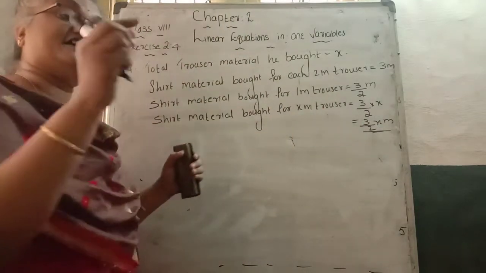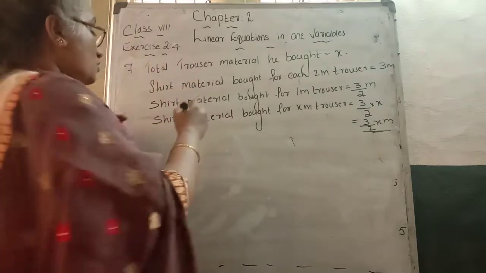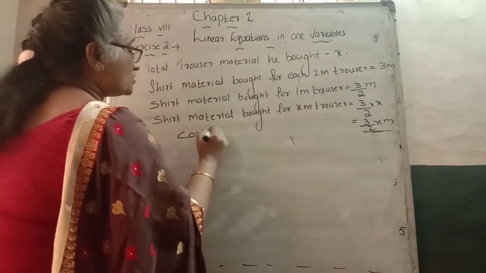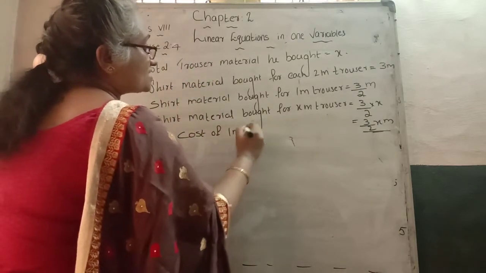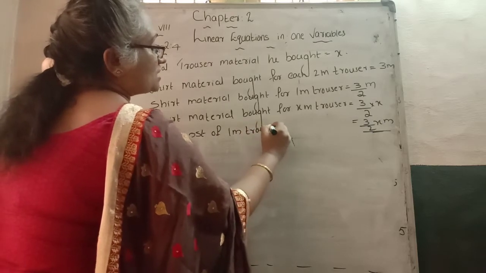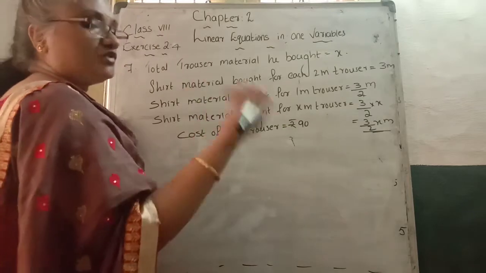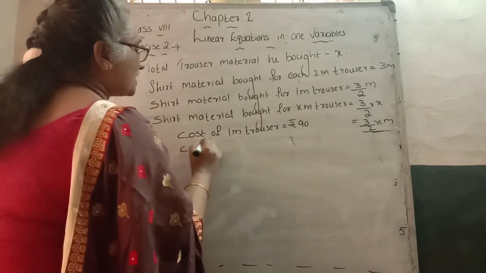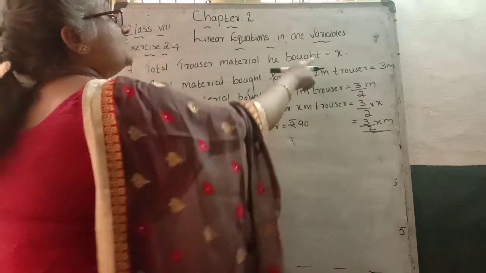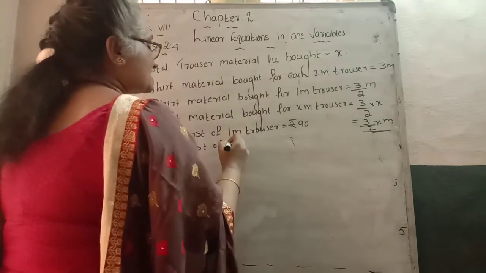Then next, the cost is given: the cost of 1 meter of trouser is 90 rupees. This is the cost price, so we want to find the cost of x meters of trouser material.